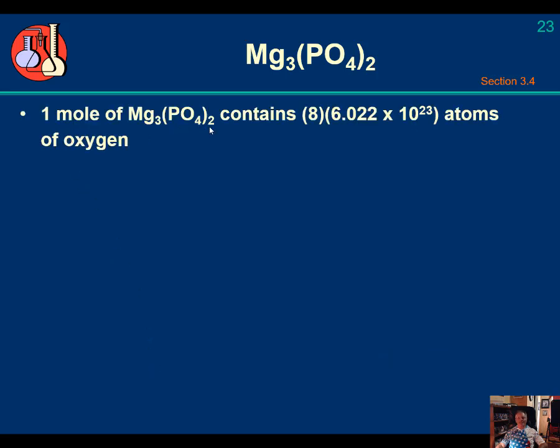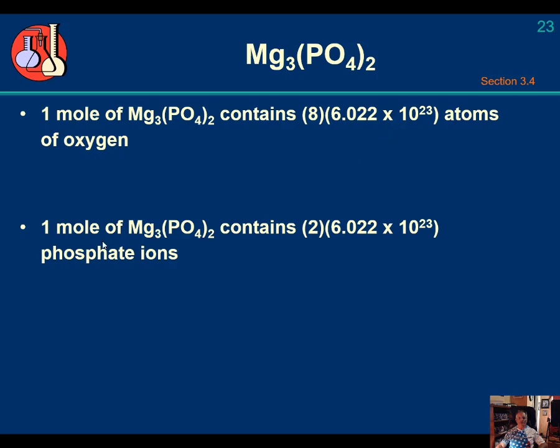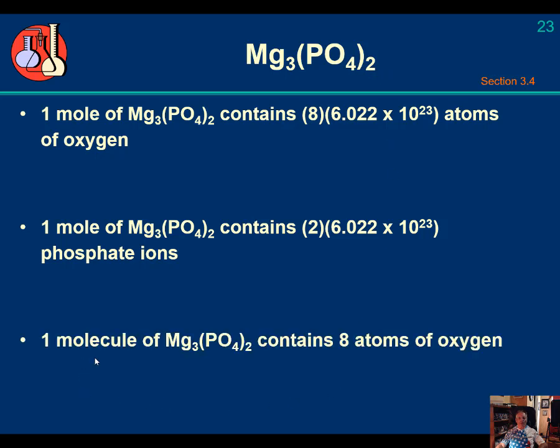1 mole of magnesium phosphate contains 8 moles, or 8 times Avogadro's number, of oxygen. 1 mole of magnesium phosphate contains 2 times Avogadro's number of phosphate ions, because the ratio is 2 moles of phosphate for every 1 mole of magnesium phosphate. Now 1 molecule of magnesium phosphate.